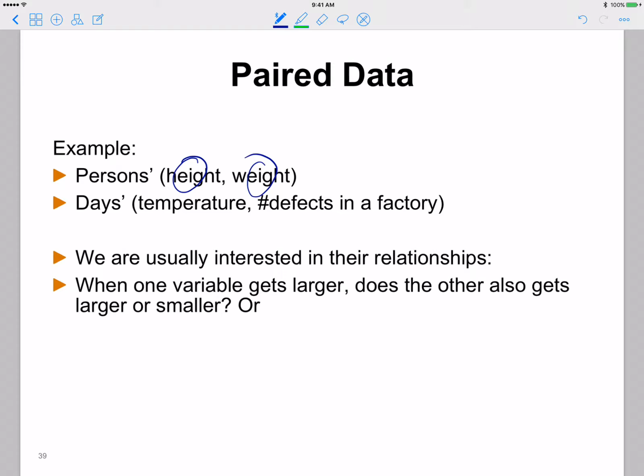Suppose an iPhone factory somewhere, and as the temperature goes up, the defect rate of this iPhone gets higher and higher, something like that. So in those cases, we have two different types of data, and they are linked together if they belong to the same day. And in these cases of paired data, we are usually interested in their relationships.